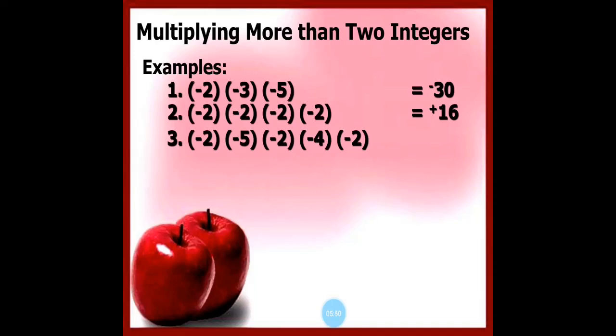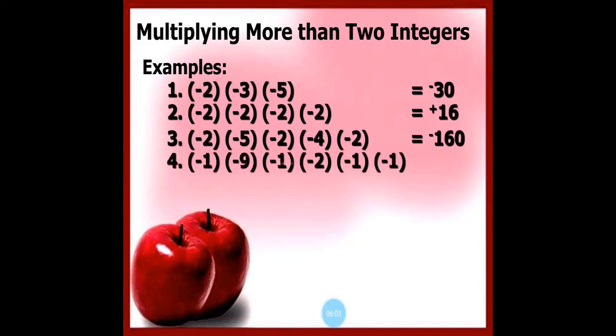Number 3, negative 2 times negative 5 times negative 2 times negative 4 times negative 2. The answer is negative 160. And for number 4, we have negative 1 times negative 9 times negative 1 times negative 2 times negative 1 times negative 1 equals positive 18.